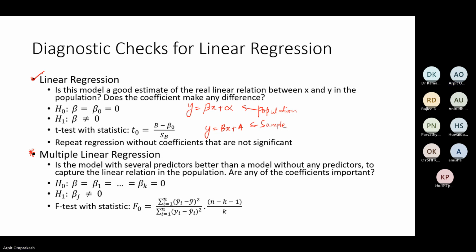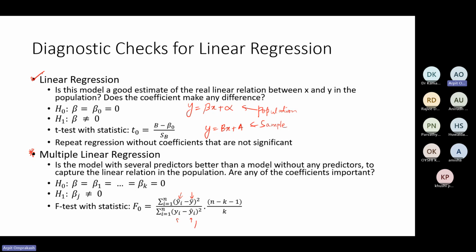This is checked using an F statistic. We calculate an F test statistic for the whole model, where the F statistic is given as the summation of (y hat minus y mean) whole square, so the predicted value of y minus the mean of y, squared and summed across all points, and in the denominator we have the summation of (yi minus yi hat) whole square.